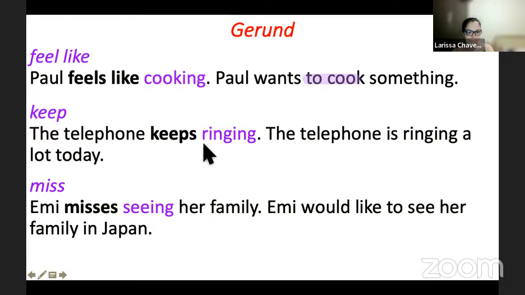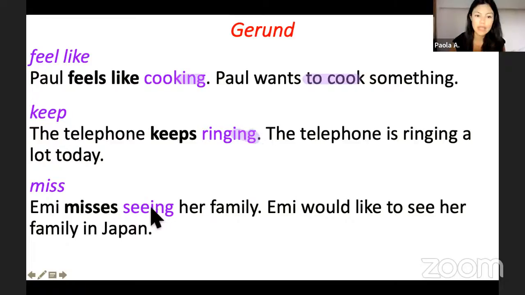Excellent. So after each of these verbs, we've seen enjoy already, feel like, keep, and miss, we're always going to have a gerund after, all right? A verb with ing. It could be any verb, but it has to end in ing, all right? So for example, here, remember, would like was for an infinitive, right?